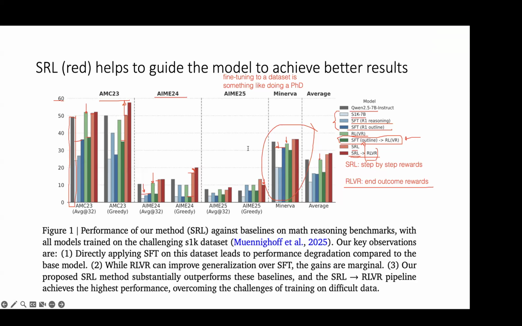Wait, but I suddenly remember there's a tiny S1 paper from Stanford. They show that with a very small, high quality data set, they are able to improve their reasoning model performance by a lot. They also did not extensively train on some very large data set, but they managed to improve their performance.